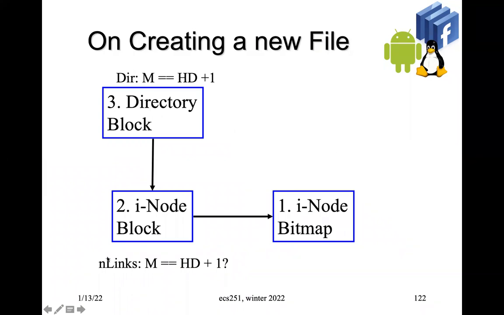The order is exactly opposite. You write the inode bitmap first, then the inode block, and finally the directory block. I'm not going to tell you the detail because the logic is exactly the same, trying to prevent the D greater than L and 1-1 situation.